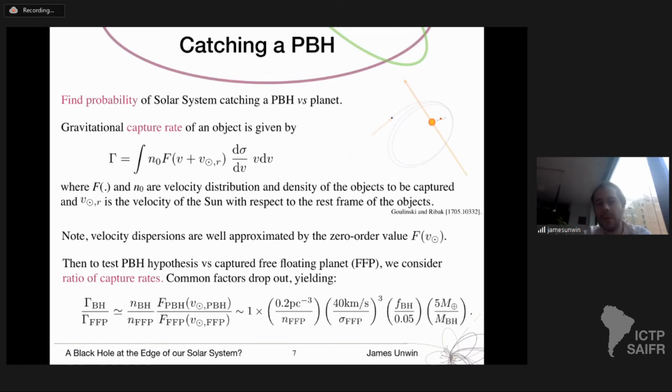If you actually go ahead and do this calculation, what you find is that these two values, the capture rate of black holes and the capture rate of free floating planets or rogue planets, turn out to be comparable.